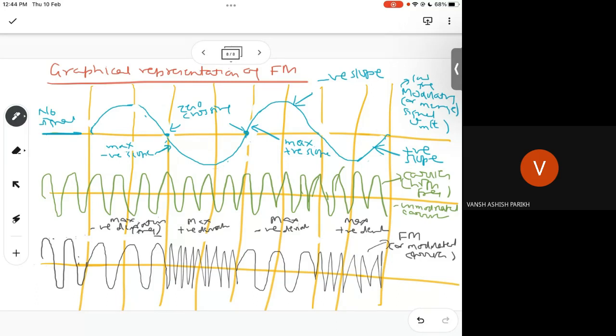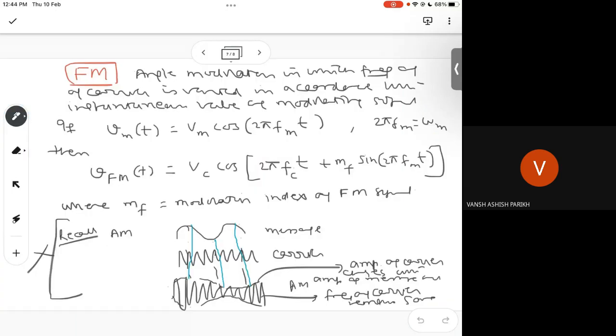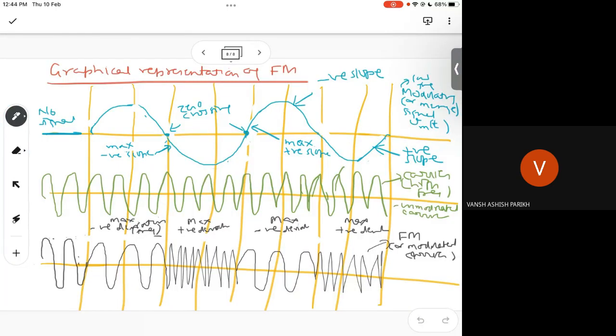Previously, if you see in the last slide, my frequency remains the same. It is exactly the same as the carrier. But here, the frequency of the carrier is varied in accordance with the message signal. Wherever we have the maximum negative deviation, my frequency has become less.